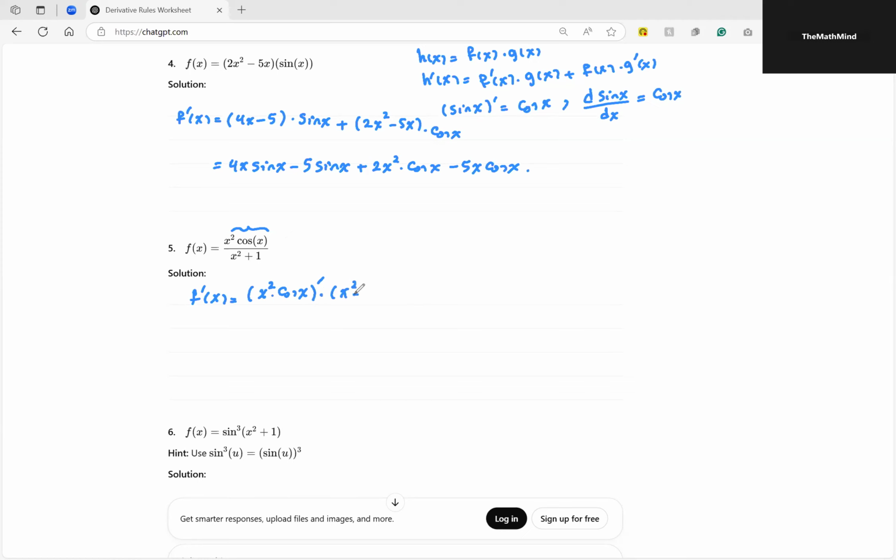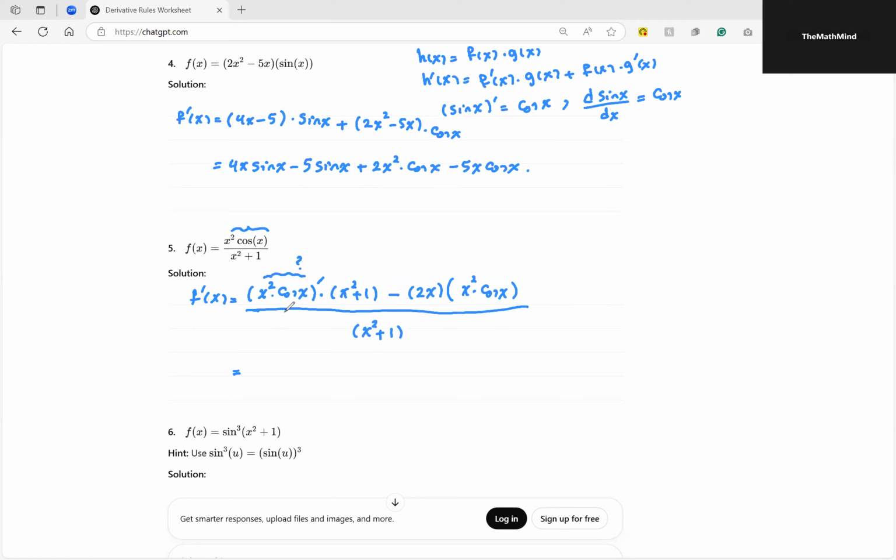Multiplied by the denominator, minus the derivative of the denominator, 2x, times the top, x squared times cosine x, and then divided by x squared plus 1. Now we have the product of x squared and cosine x in the top, so we should apply the product rule for here.